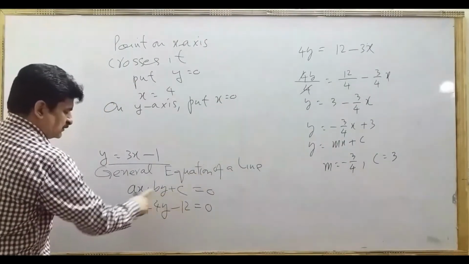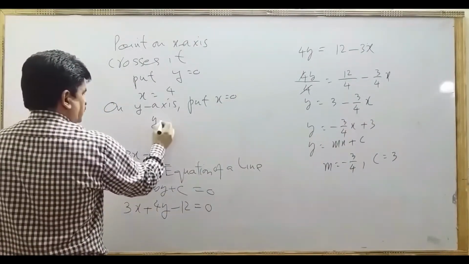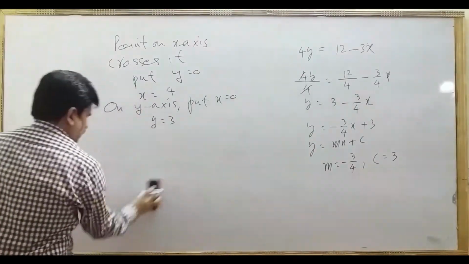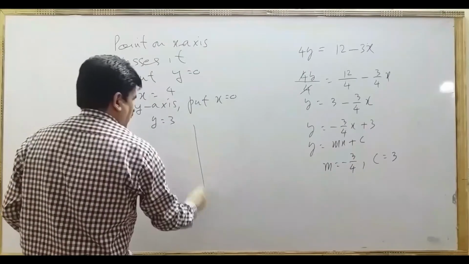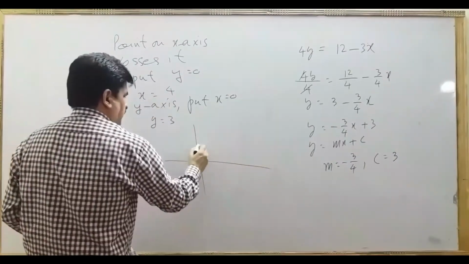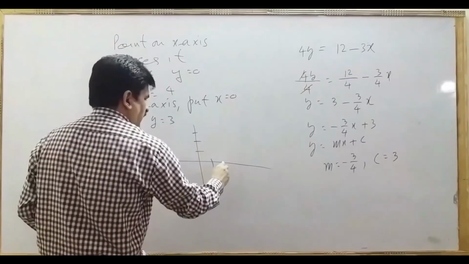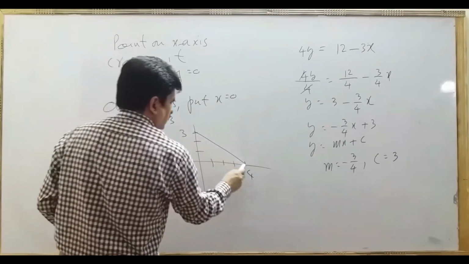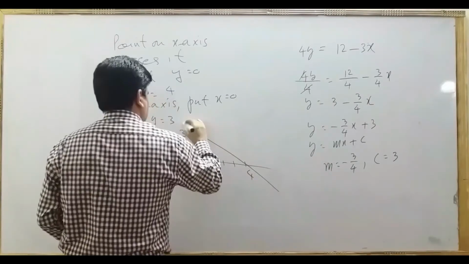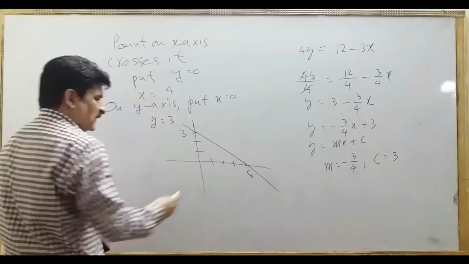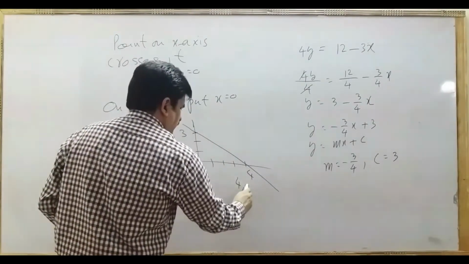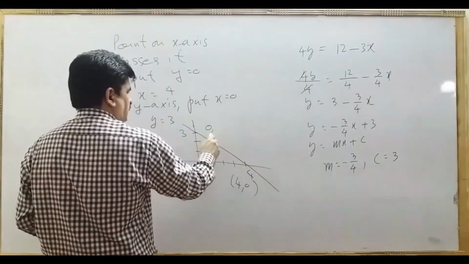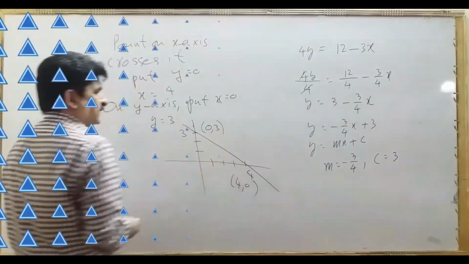If you put x is equal to 0 into this equation, you will get y is equal to 3. So it means that this line meets y-axis at 3 and x-axis at 4, and you can sketch the line also. The coordinates of this point will be (4, 0), and of this point (0, 3).